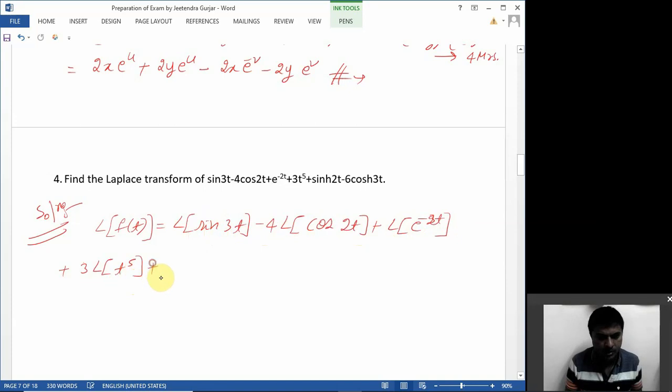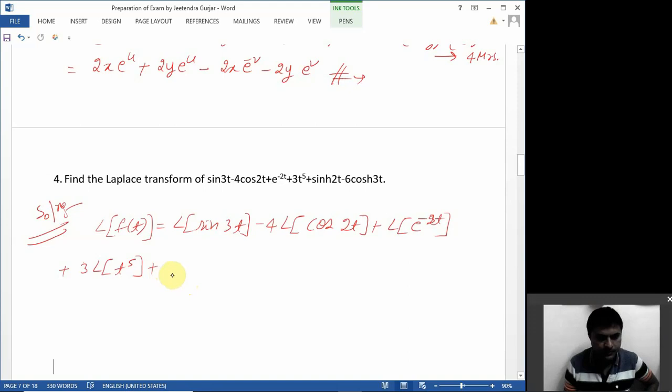I am going to use the linear property. Laplace transformation formulas I have discussed in the earlier class. Please see the description box for Laplace transformation videos. You can go to that video, read the formulas, come back to this, and you can watch this.